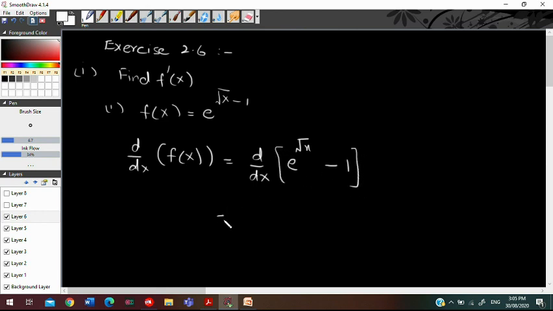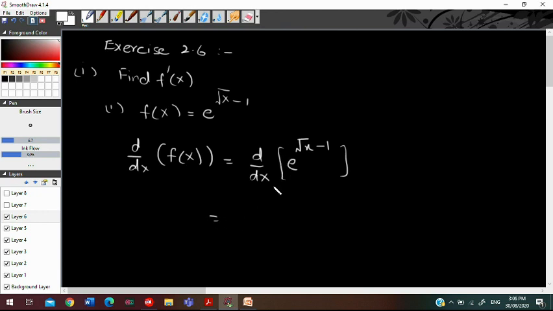Okay, now these are the two terms, so we apply derivation on both terms separately. Sorry, this thing is in the power of exponential, x minus 1 is over here.